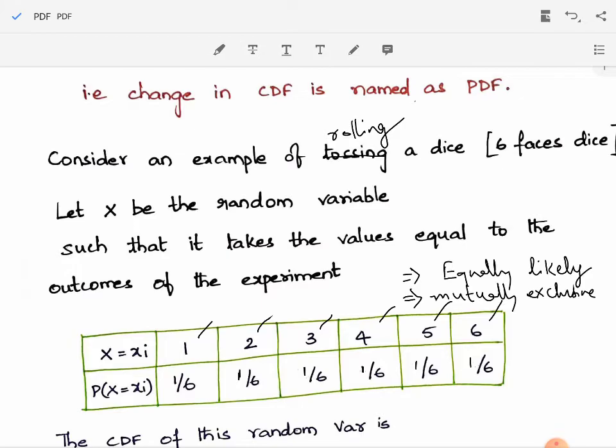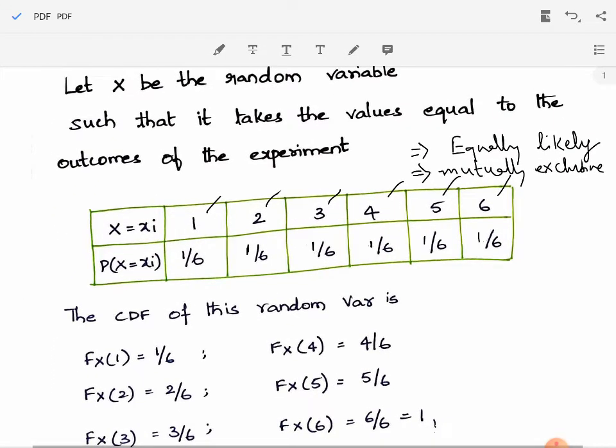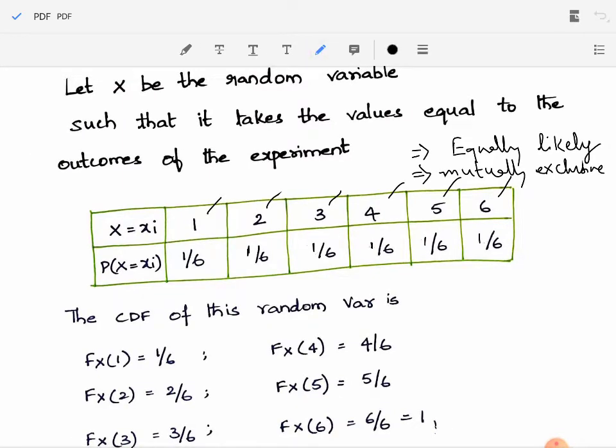Now let's plot the cumulative distribution function of this random variable. You know that the CDF is represented with FX(x). By definition, it is the probability of the random variable X taking values less than or equal to x.